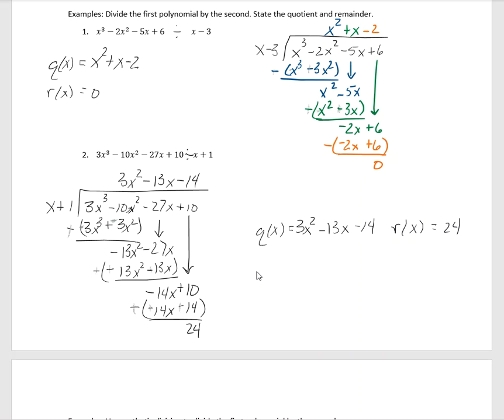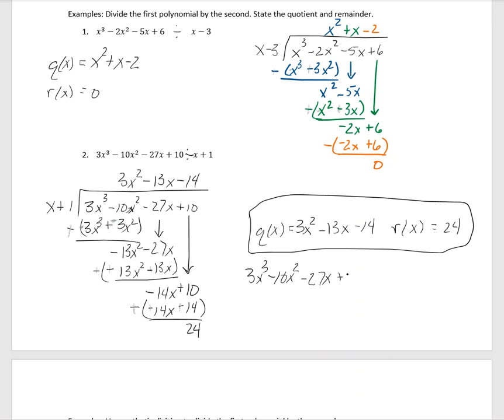What that means is we could rewrite 3x cubed... Okay, so this is my answer. I'm done with what the question asked, but just a little extended learning here. Our polynomial, according to the division algorithm, can be written as x plus 1 times 3x squared minus 13x minus 14, plus 24.